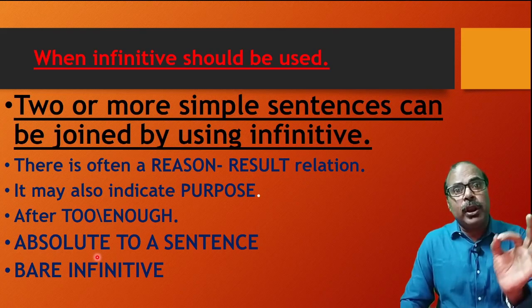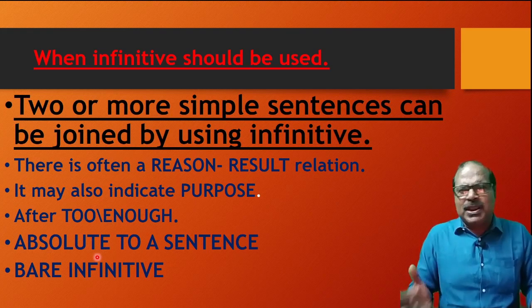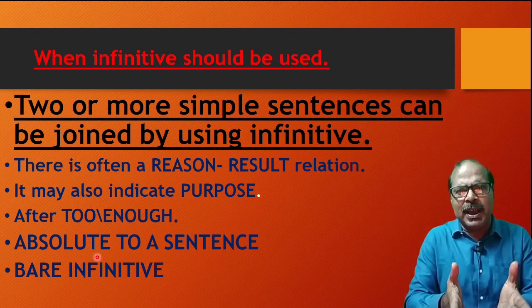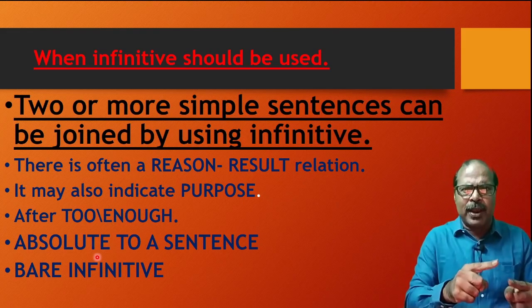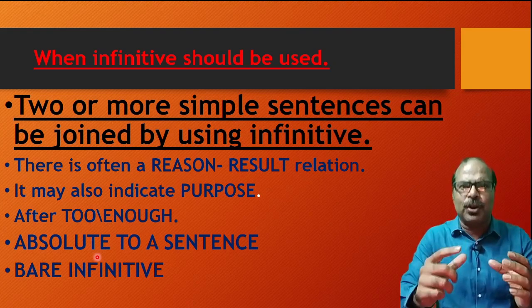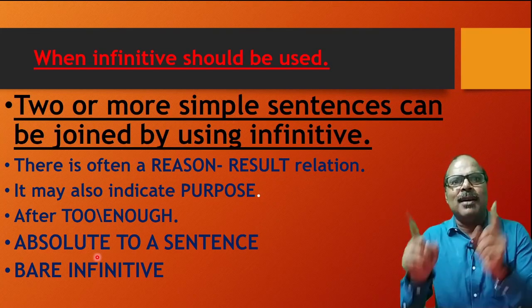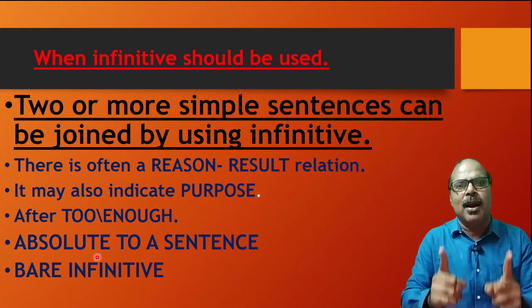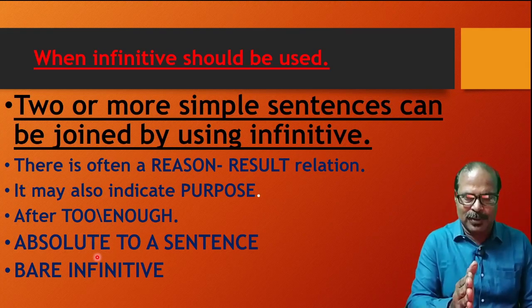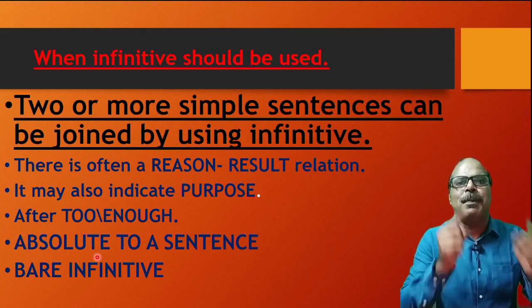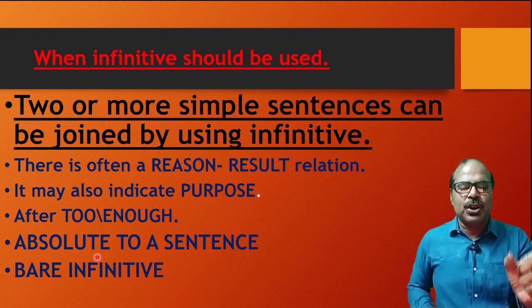Next, absolute to a sentence. To be precise, infinitive is a verbal. এটাকে কোয়ালিফাই করছে, ইন্ডিপেন্ডেন্টলি ইউজড হচ্ছে, অ্যাবসলিউট মানে অ্যাবসলিউটলি ইউজড, দ্যাট ইজ ইন্ডিপেন্ডেন্টলি ইউজড। ইট হ্যাজ নাথিং টু ডু উইথ দ্য রেস্ট অফ দ্য সেন্টেন্স হুইচ ইজ অ্যাকচুয়ালি আ কমপ্লিট সেন্টেন্স। টু বি প্রিসাইজ, এখানে দেখো ইনফিনিটিভের ইউজ রয়েছে। It is absolute to a sentence.